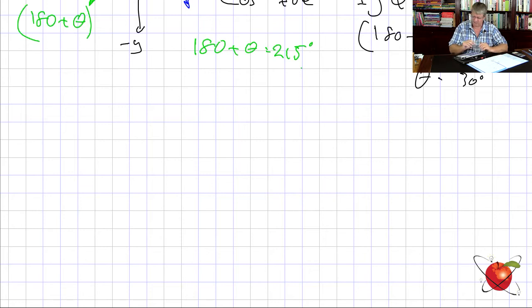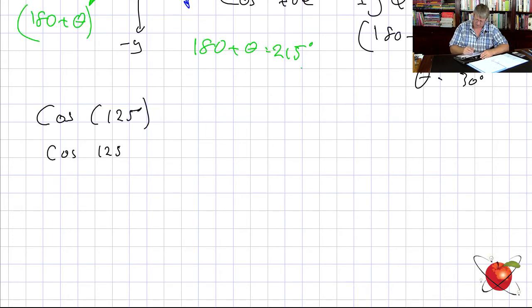In actual fact, say we have cosine, we always change it back to my base color, cos of 125 degrees. I prefer, personally, not to have the brackets there.